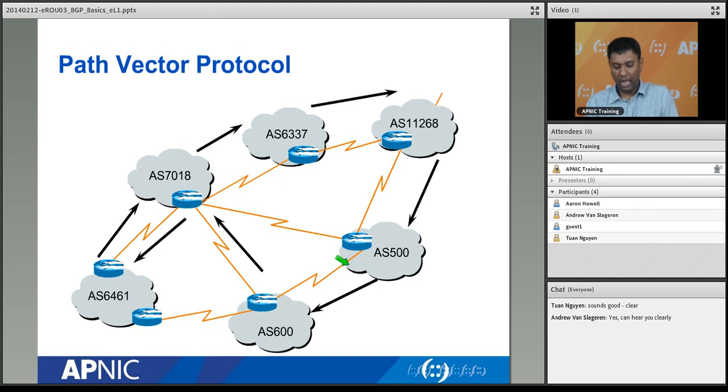If we see this path, how many ASs away? 1, 2, 3 ASs away. On the other side, only 1 AS away. So this is how BGP can select the path based on the path vector logic. Any question on that so far?